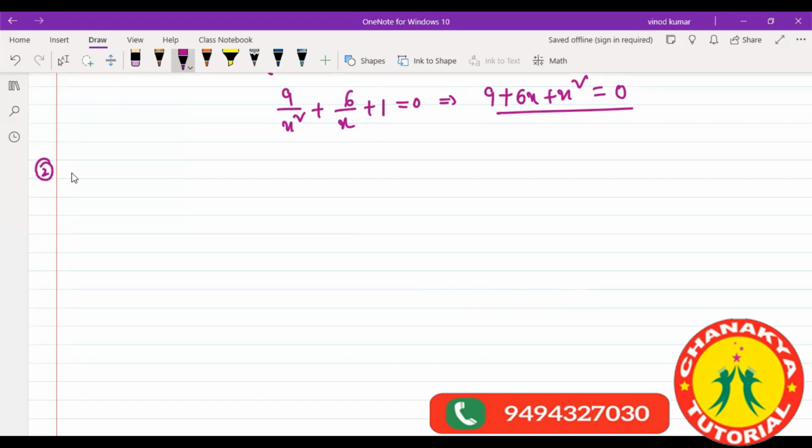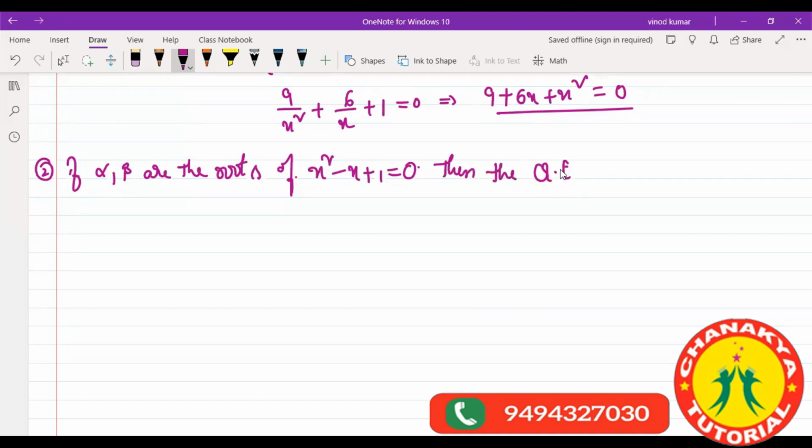If alpha, beta are the roots of x square minus x plus 1 equal to 0, then the quadratic equation whose roots are alpha power 2015, beta power 2015 is: Option A is x square minus x plus 1 equal to 0.